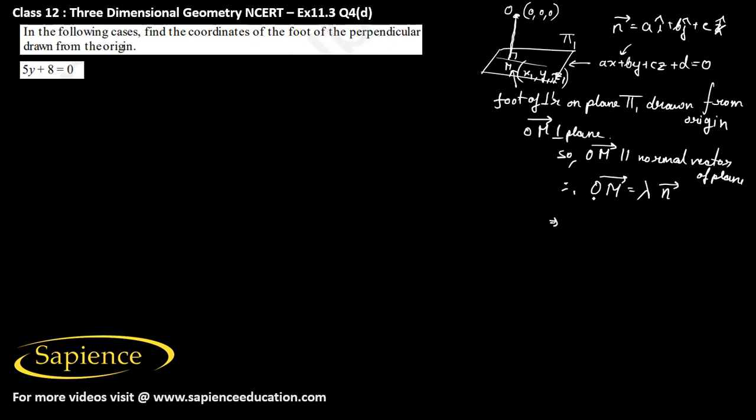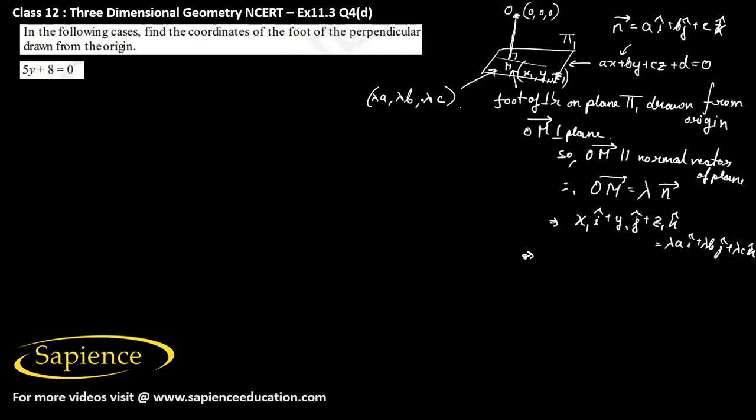So OM vector is nothing but x1 i cap plus y1 j cap plus z1 k cap, and that will be equal to lambda a i cap plus lambda b j cap plus lambda c k cap. So therefore x1 is lambda a, and this point M is lambda a, lambda b, lambda c.